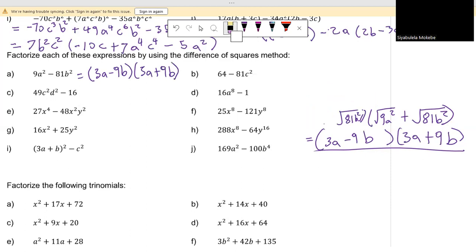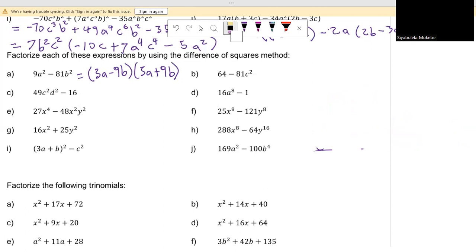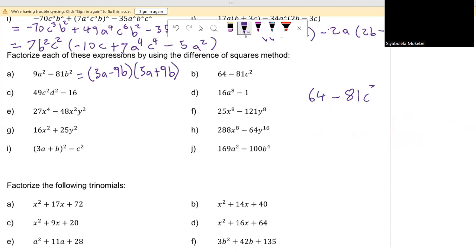Then let's look at b. For b, we have 64 minus 81c squared. Firstly, 64 is a square, and 81 is also a square.